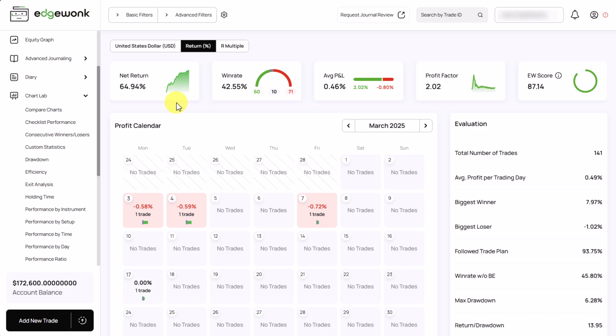So the first thing that you should always ask yourself is, obviously, does the strategy make money overall? And we can clearly see when we change to the return, here is a very healthy looking around 65% net return. So at first glance, this looks great. However, one thing to always consider is you need to give those return numbers from a backtest a little bit of a buffer, because once you take this live, it's very hard to replicate the results of a backtest one-to-one.